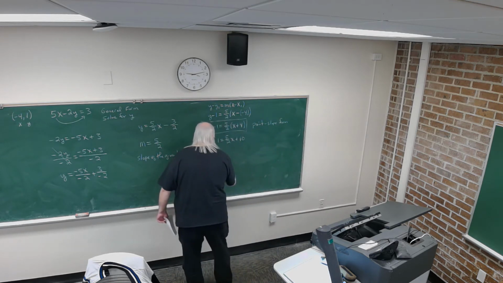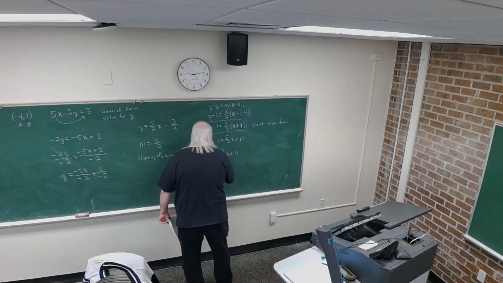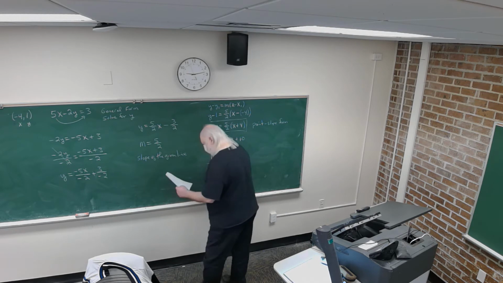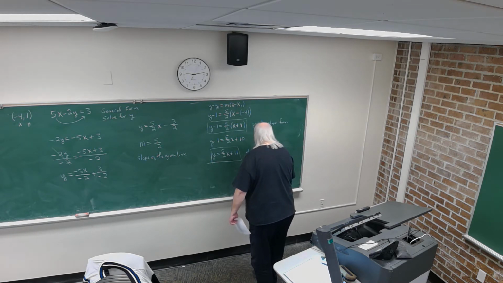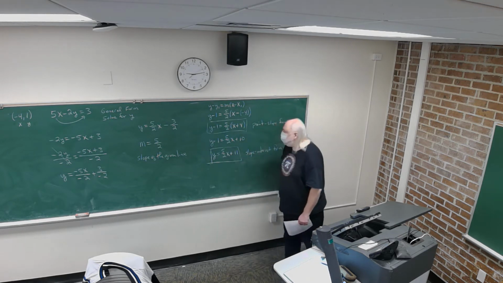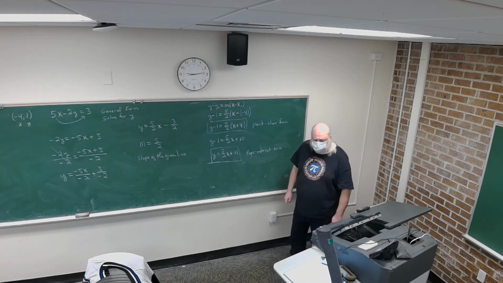And I get y is equal to 5 halves x plus 11. And that is the slope intercept form for the equation of the line that's parallel to the original line. Okay. Any questions on that?